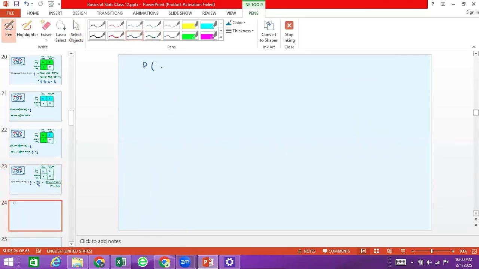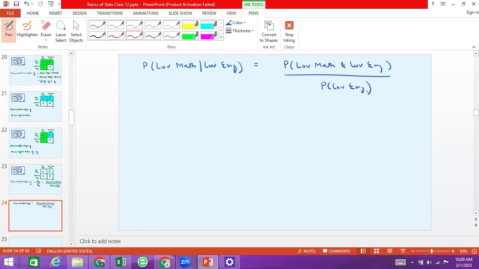Probability of loving math, given that you love English, is the same as probability of loving math and loving English divided by probability of loving English.